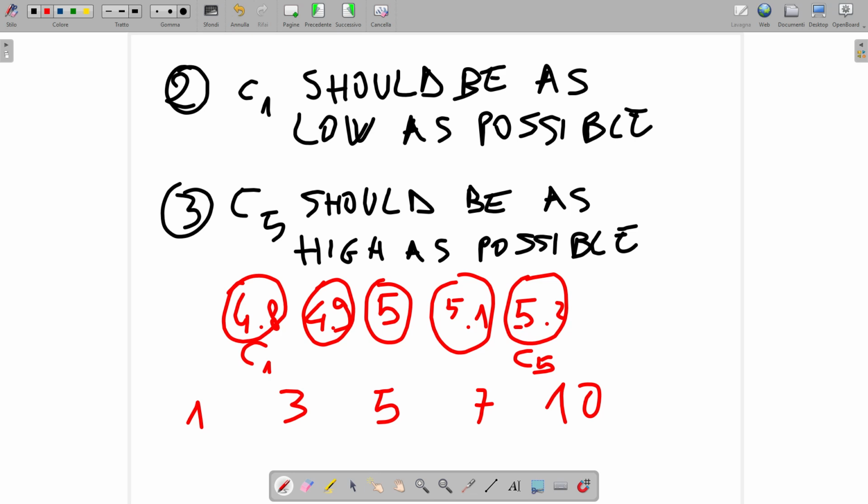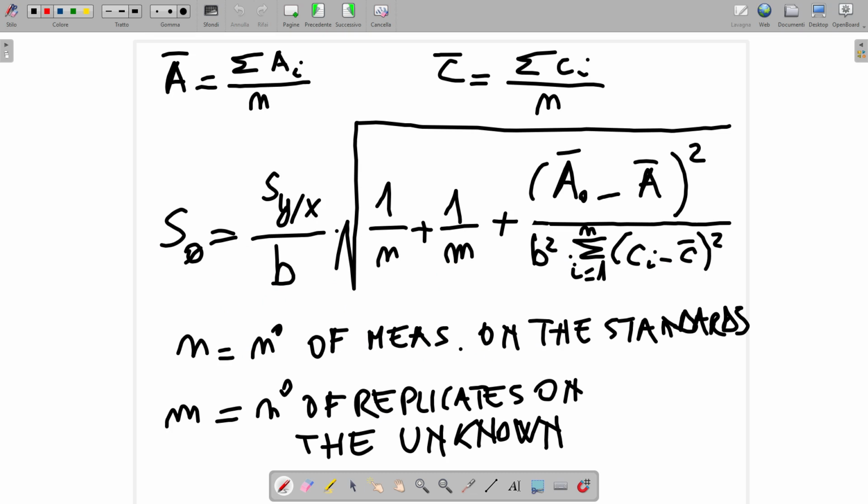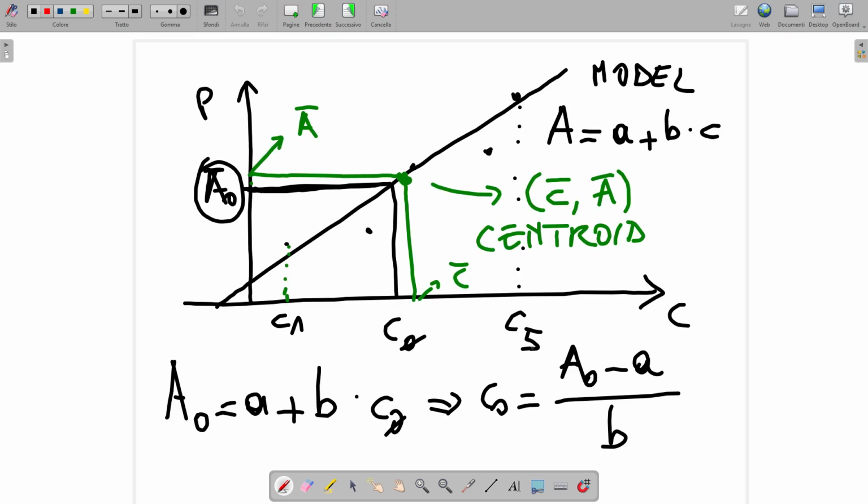There is a limit in lowering the concentration because if the concentration becomes very small, the area becomes very small, and at a certain point it is confused with the noise.